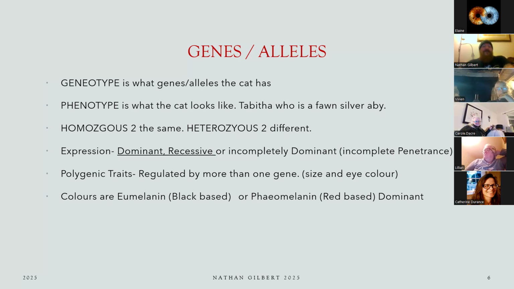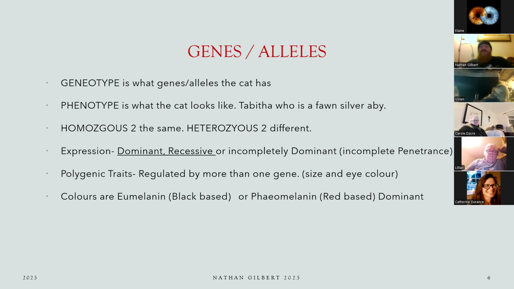So these different genes that we all have, some of them are dominant over all other genes. Some of them are recessive over all other genes. Some of them are in between. So they're dominant over some genes, but recessive to others. And that's where you get some of the more randomness of things that can pop up.